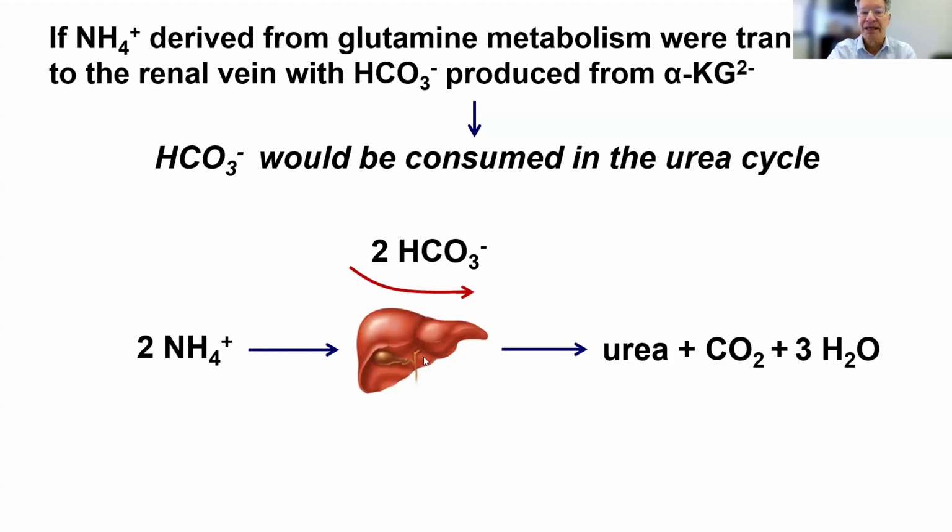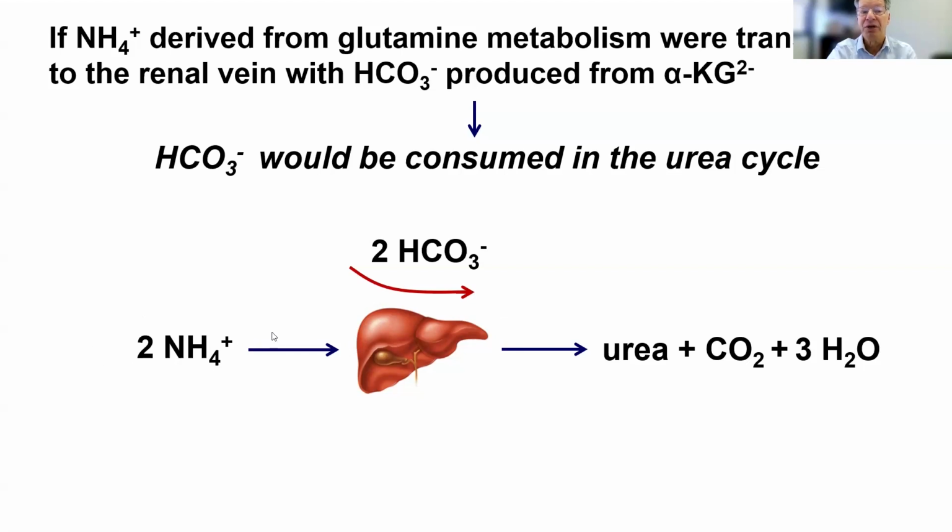Remember that the liver makes urea, and it makes it from 2 ammonium ions and 2 bicarbonate ions. That's how you generate urea. That's the net cycle in the liver. We won't go through all the steps, but basically you're taking 2 ammonium ions, combining them with 2 bicarbonate ions to make urea, carbon dioxide, and 3 water molecules.